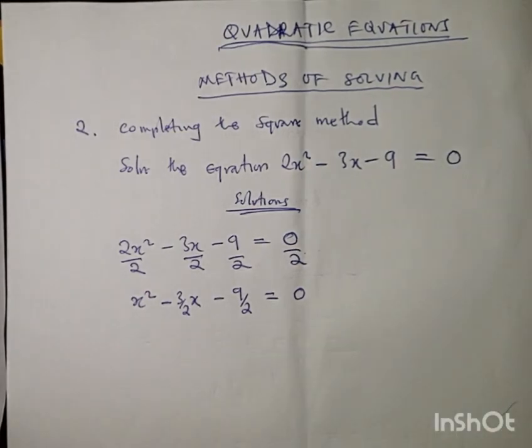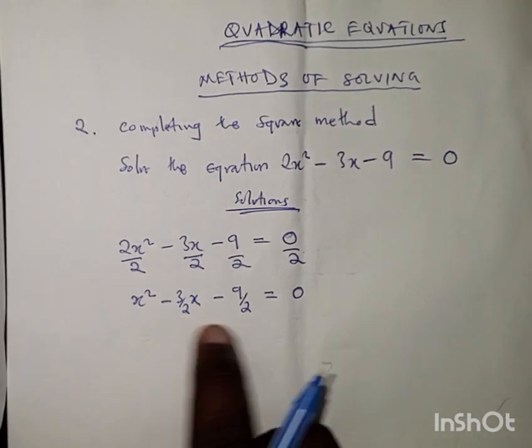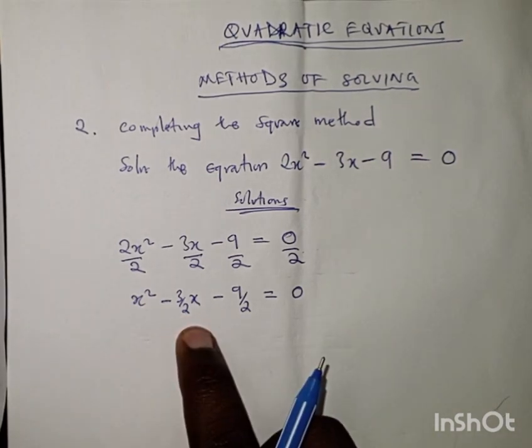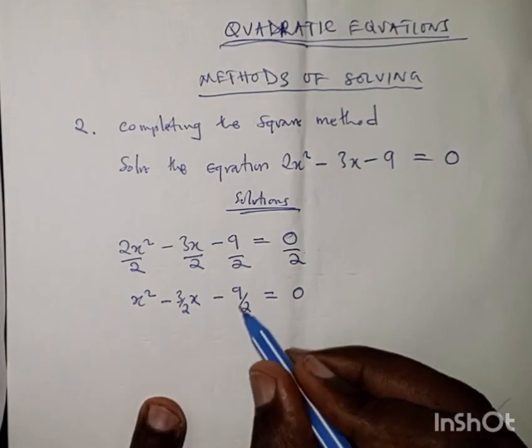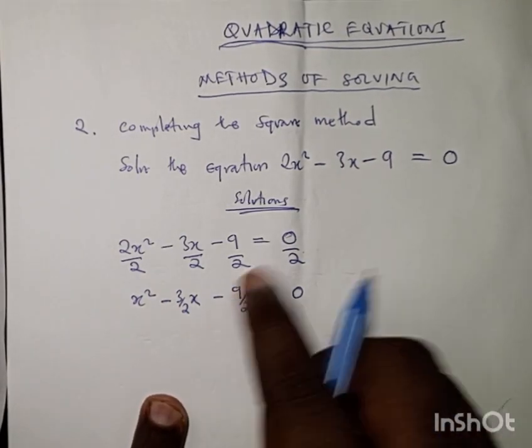Okay. Then step 2: you just take the constant to the other side of the equation, so that this side only remains with terms having x. This minus 9 over 2 we take to the other side.